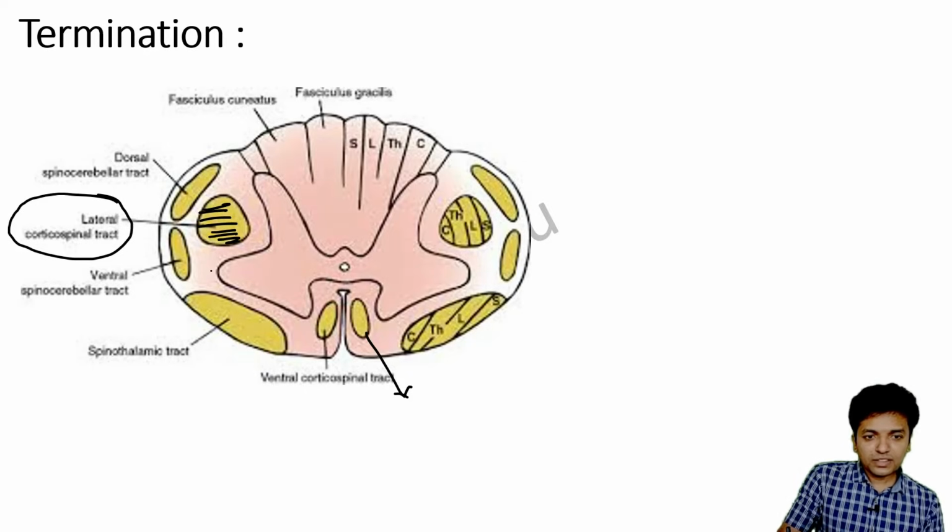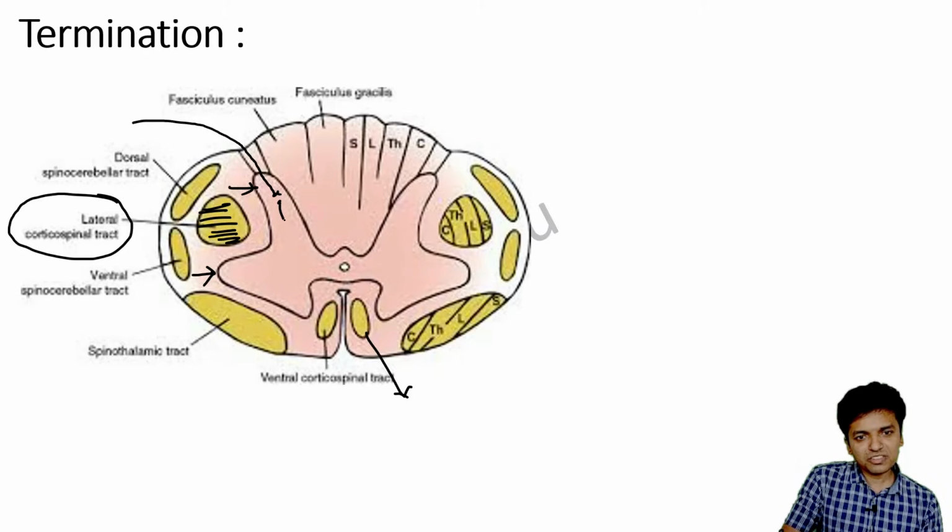This part is called the ventral gray horn. This part is called the dorsal gray horn. The dorsal gray horn is the one which is receiving the sensory fibers. In the ventral gray horn we have neurons called alpha motor neurons.